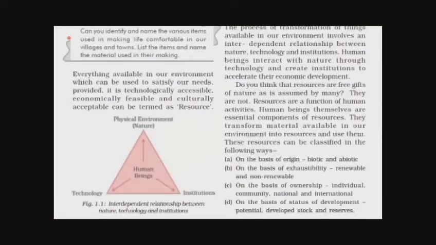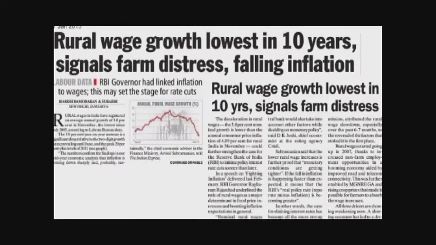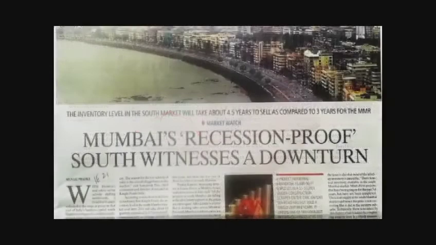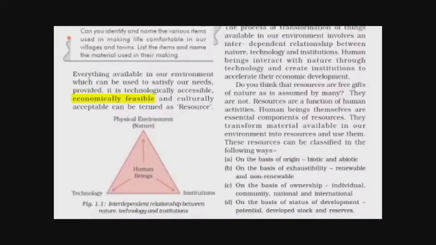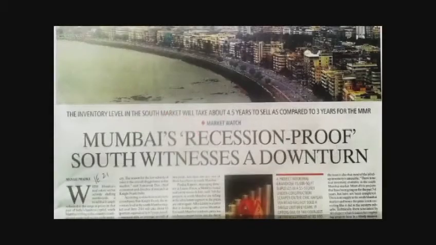So the market will go down. Example, increase in price, decrease in demand. That can actually make the market unstable. We know that no country would like that. Yes or no? So also our country. So that is the meaning of economically feasible.